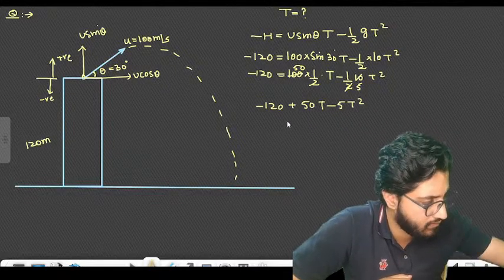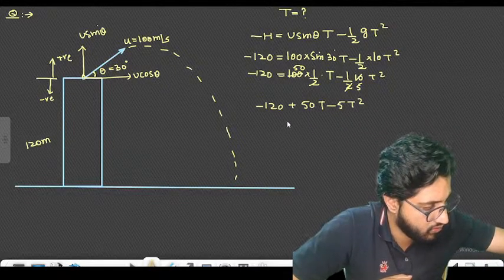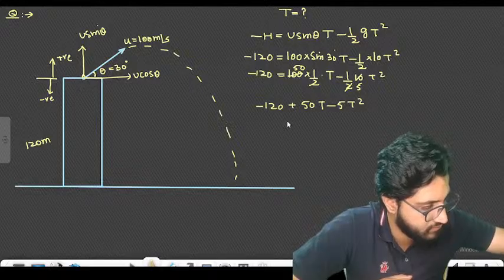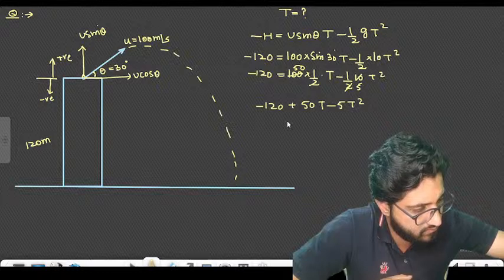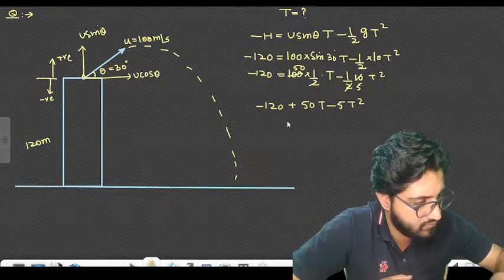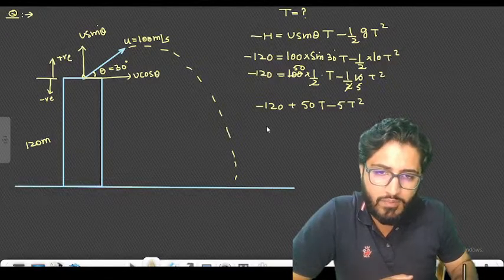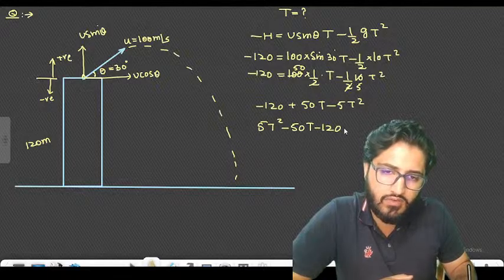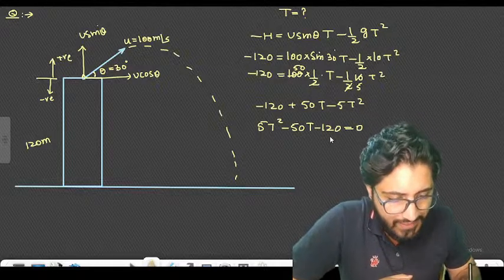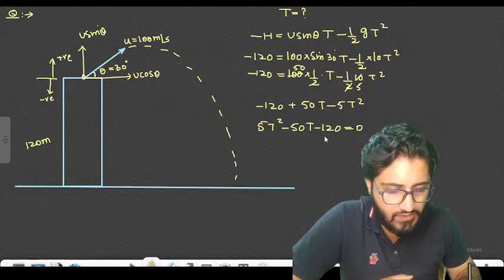Okay, so I can take 5 common, so I can write as 5t square minus 50t minus 120 equals to 0. Easy.